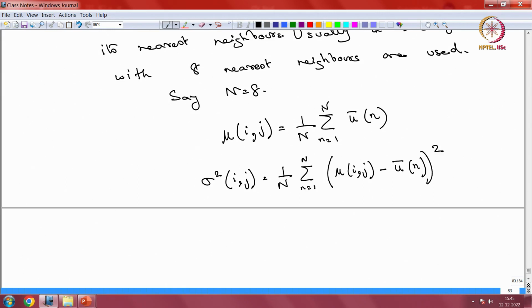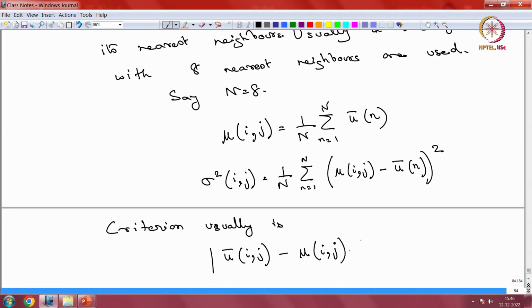Okay. So you define this quantity, and then you implement the criterion, which usually is that my u i,j at a given location minus this averaged quantity which you have evaluated over 8 neighbors is less than some epsilon threshold.